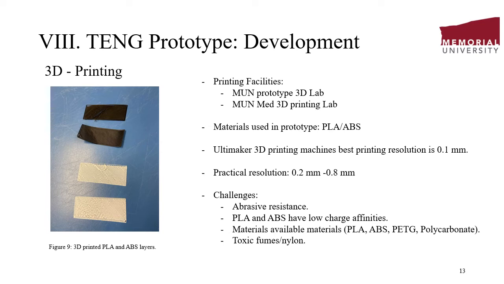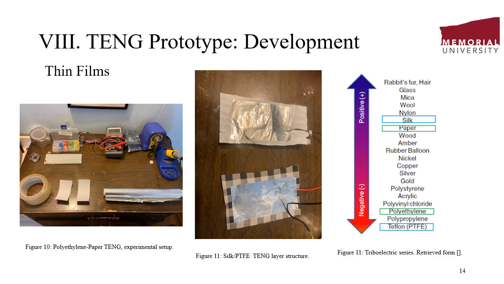The higher-end materials such as Teflon and nylon are less manufacturable, so they are available, but they are so rigid. Another thing is we need a higher thickness, like 0.8 millimeters, with 3D printing layers. And we moved on to develop a prototype using thin films.